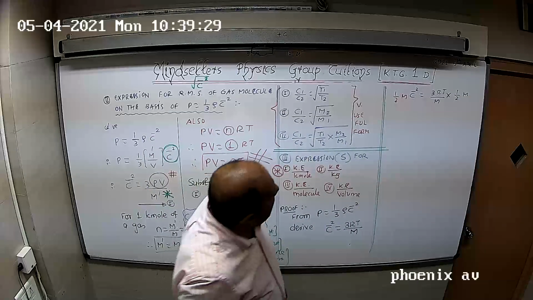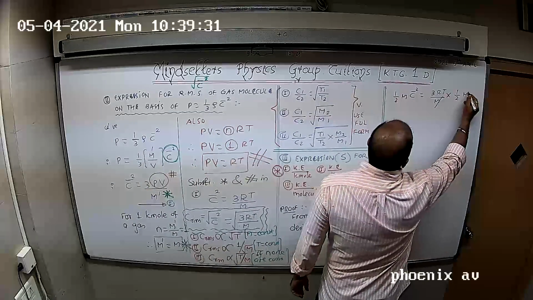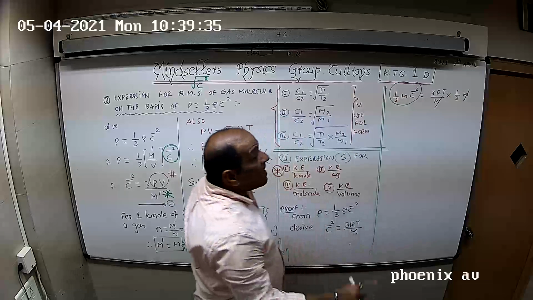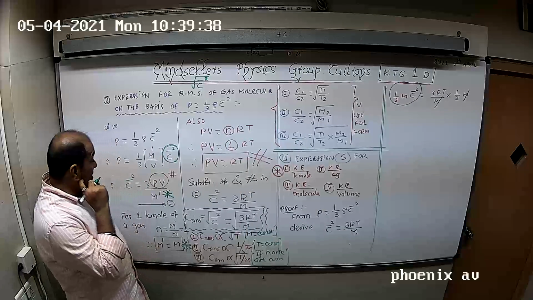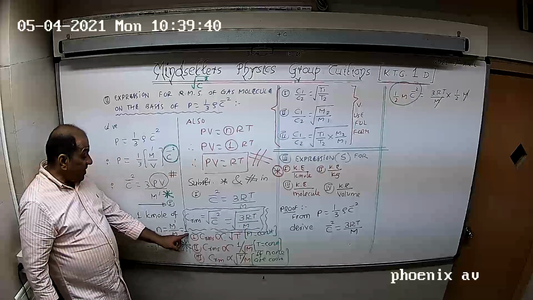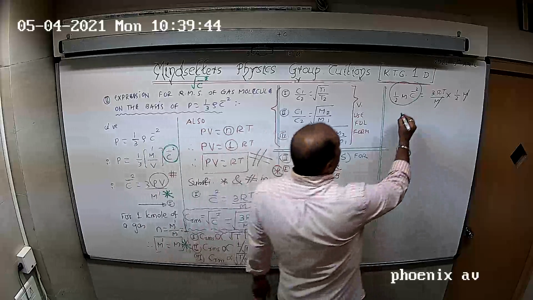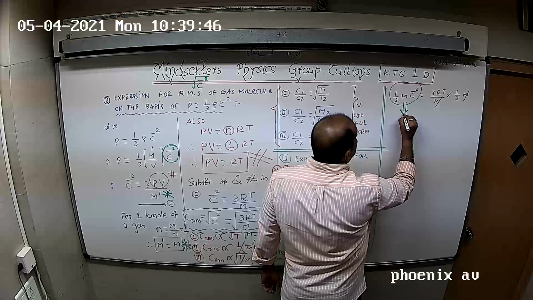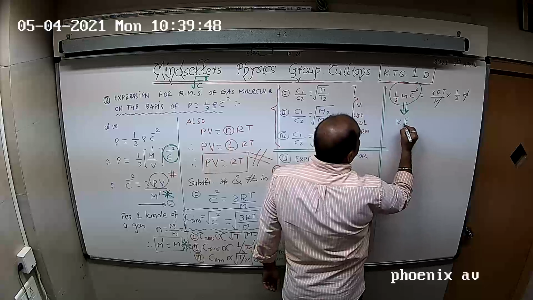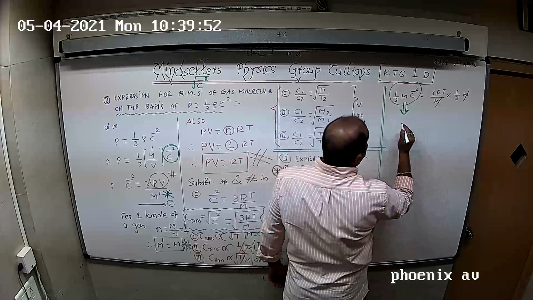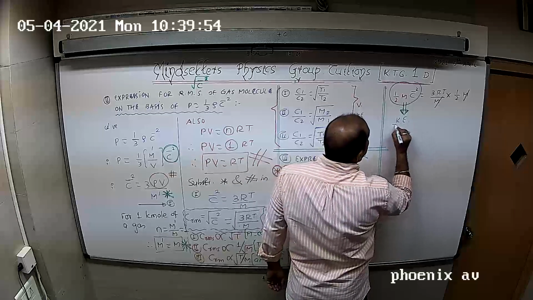Correct? half M C square is the kinetic energy for 1 kilomole of a gas, because if it is 1 kilomole of a gas, M dash can be written as M. So the left hand side is kinetic energy per kilomole.